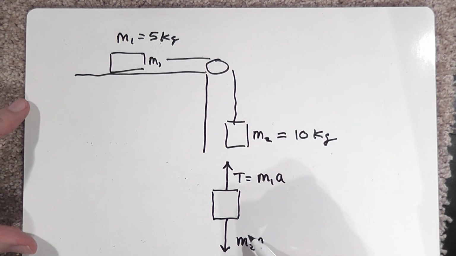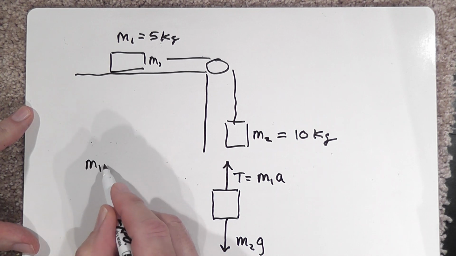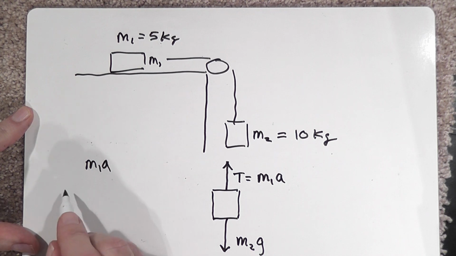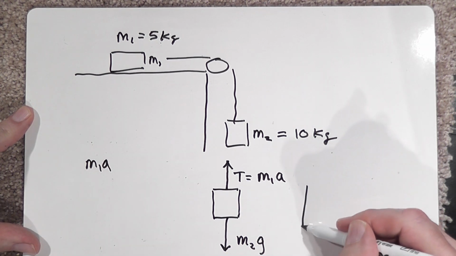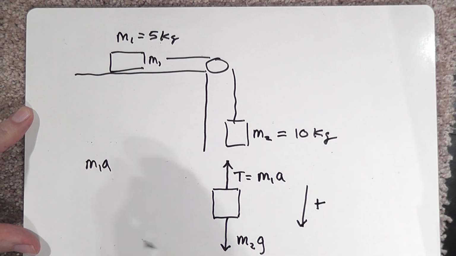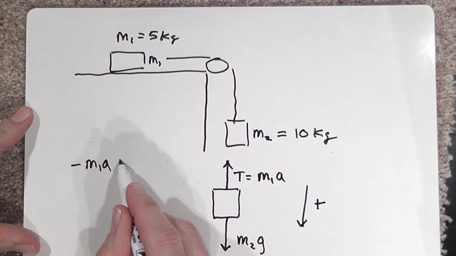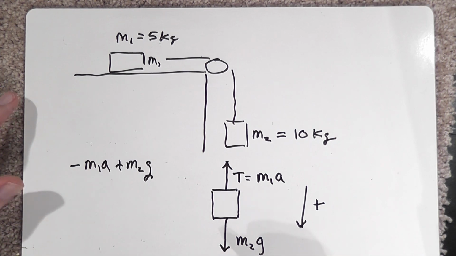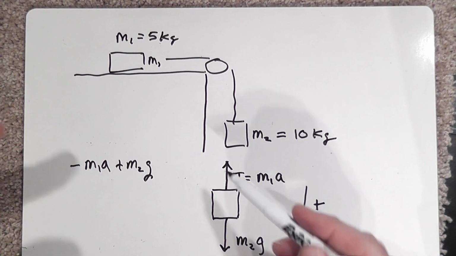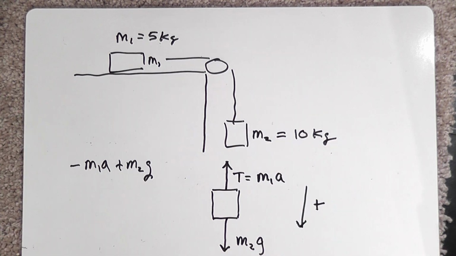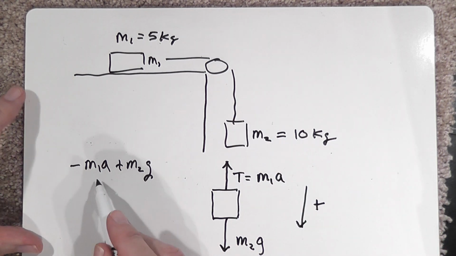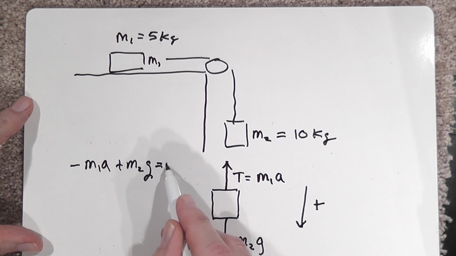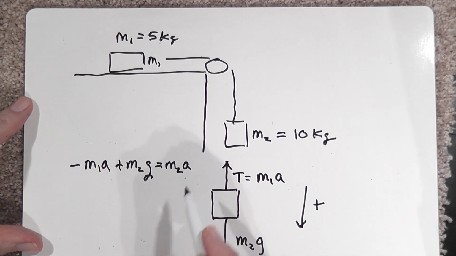So if we use Newton's second law, we say that M1A, and we're going to use this direction right here as positive. So this is negative, positive M2G. Well, what's going to happen when you let go? Mass 2 is going to start accelerating down. So this must be equal to mass 2 times acceleration.